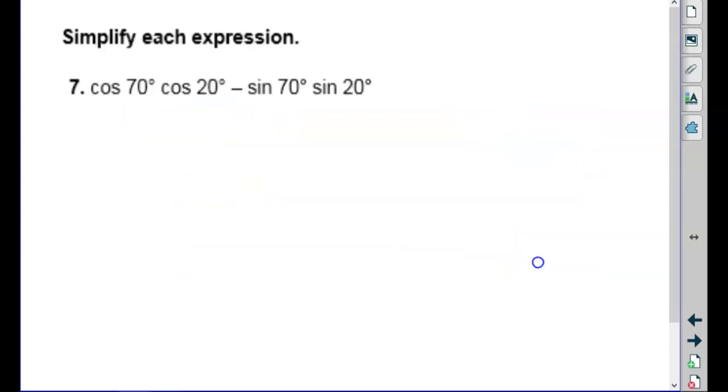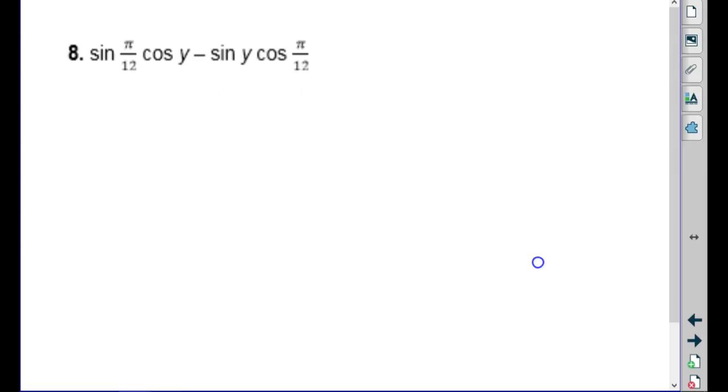Can I skip 7? You got the idea here? Well, let's do 8 because 8 doesn't have all numbers. So it's actually an easier question because we get to stop sooner. What is sine cosine minus, oh, I think they're trying to trick us. Sine cosine minus sine cosine, but they switched the things here.